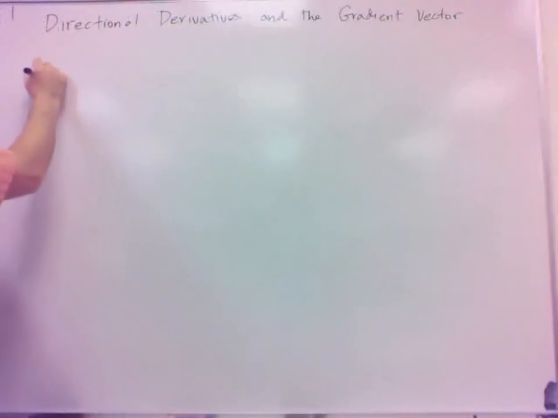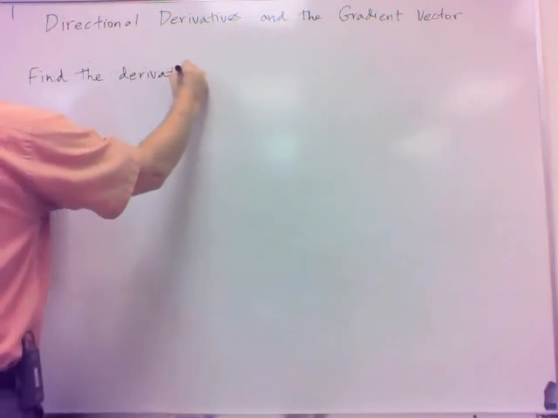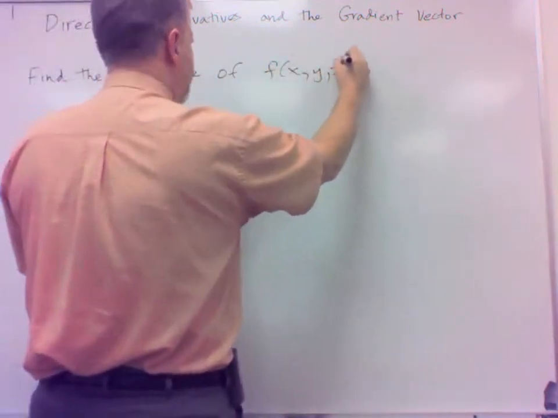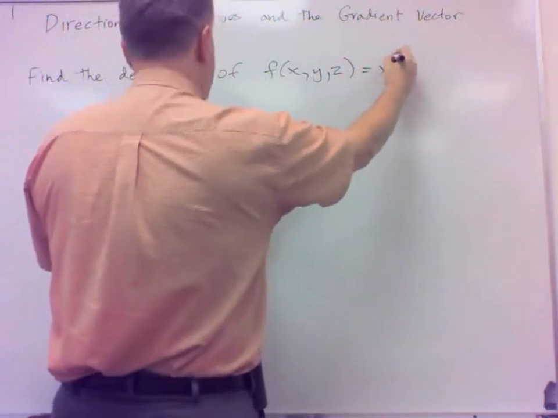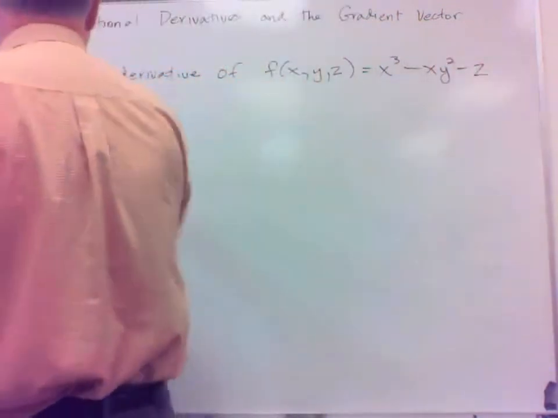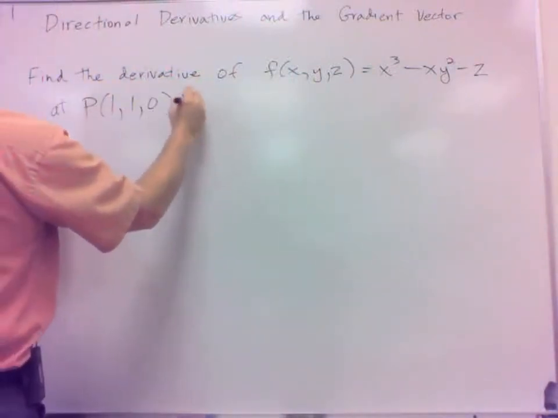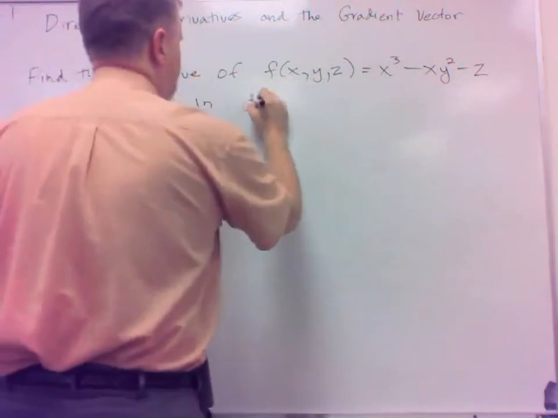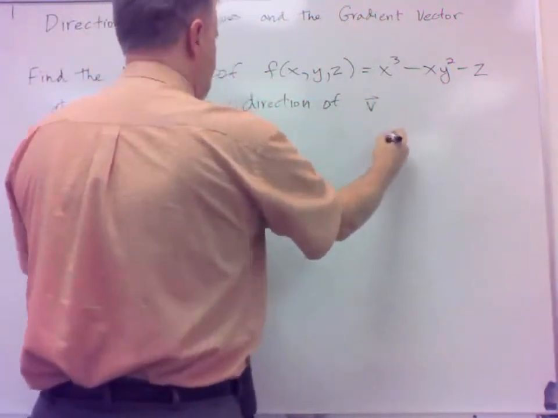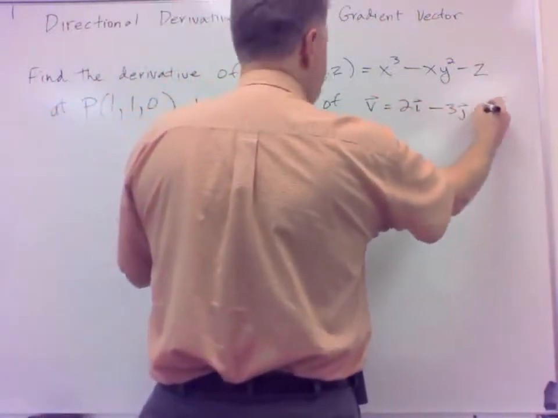Okay, so let's find the derivative of f(x, y, z) equals x cubed minus xy squared minus z at P(1, 1, 0) in the direction of v equals 2i minus 3j plus 6k.